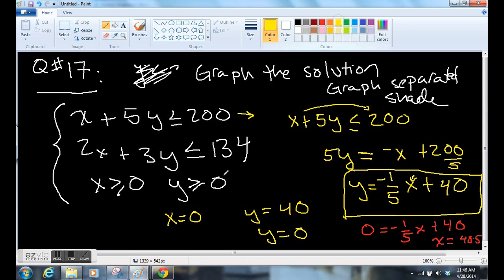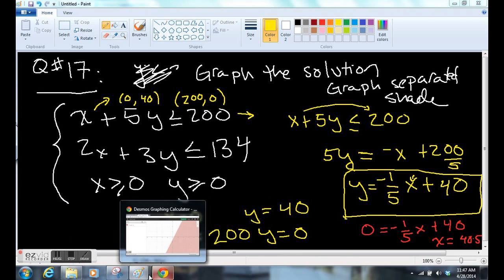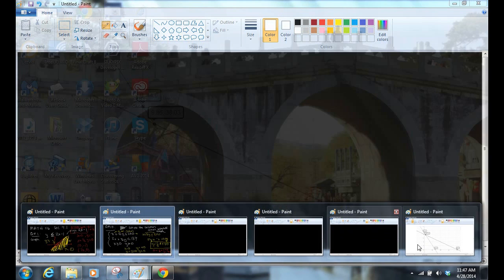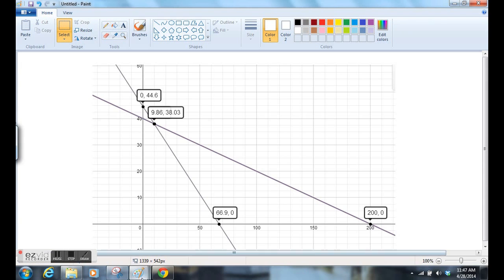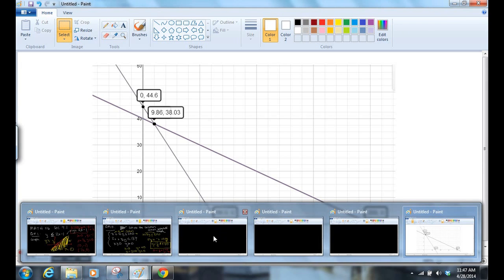So you can graph your first line here. This first line has 2 points on it, 0 and 40, and then 200 and 0. I'll just do it here.